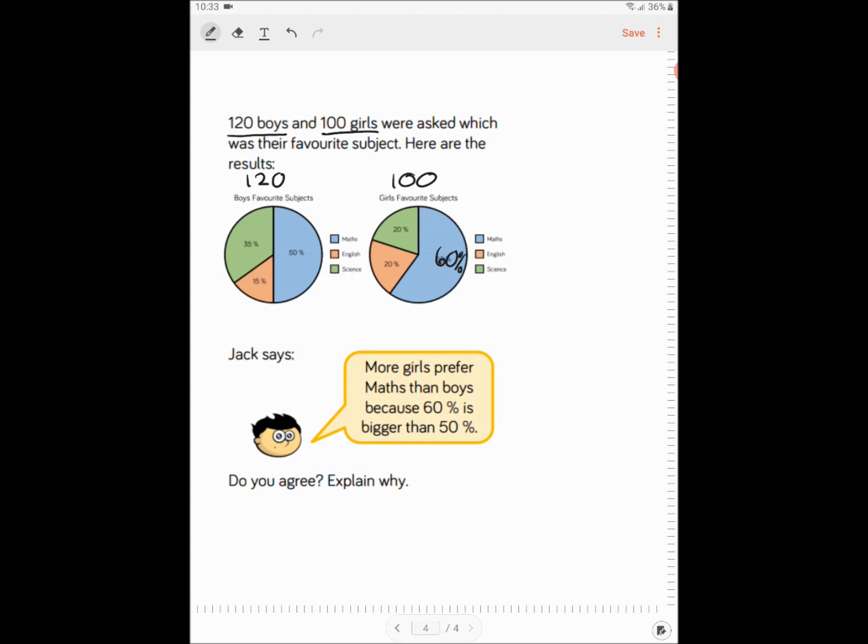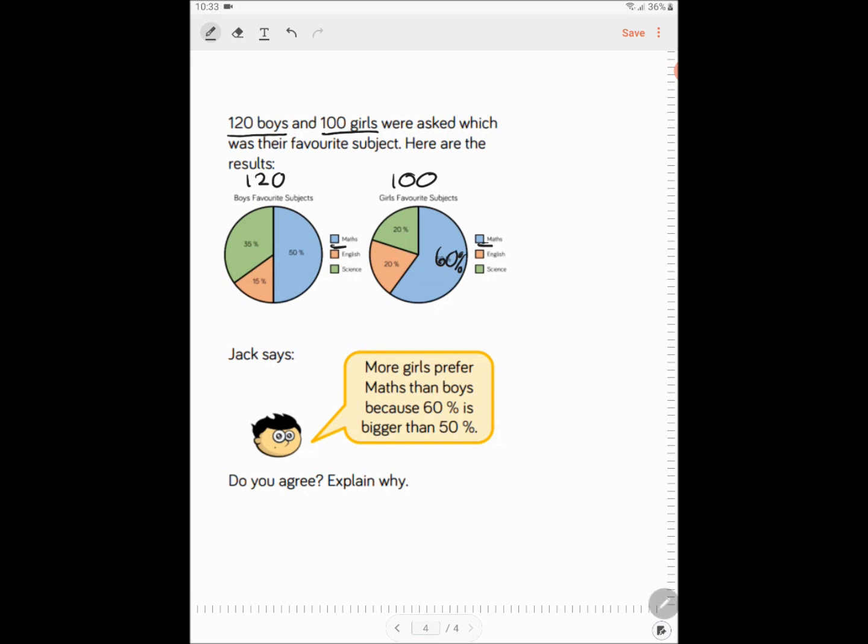Now, if we have a look at what Jack is saying, Jack says more girls prefer maths than boys because 60% is bigger than 50%. Well, as a percentage, yes, it is. But is it the actual numbers of children? Because that's what he's trying to say. He's saying more than, so he's talking about a specific number. So I'm going to look at maths, which is blue, and actually work out what 50% is and what 60% is.